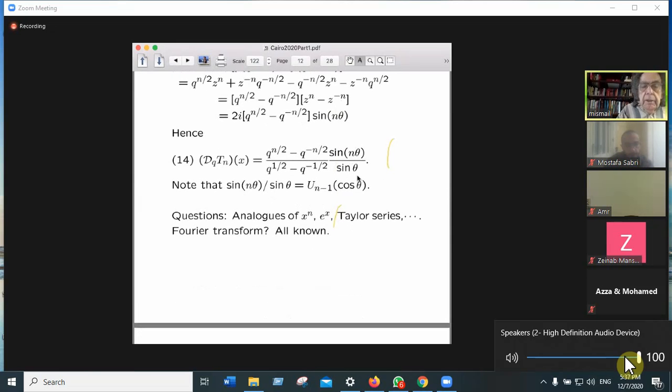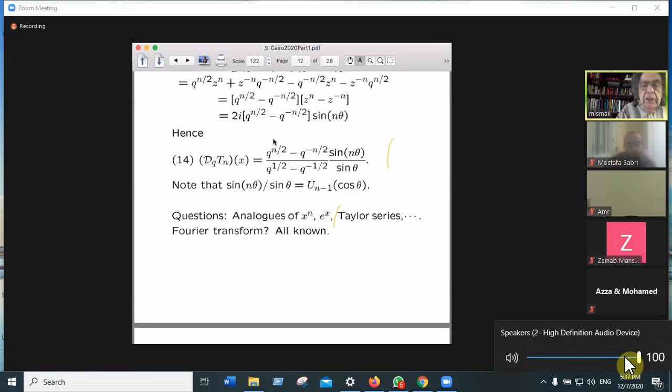And then this is a Chebyshev polynomial of the second kind, and this is just a number. So if I look at this formula, it says if I act on Tn, I get Un minus 1 times this number.